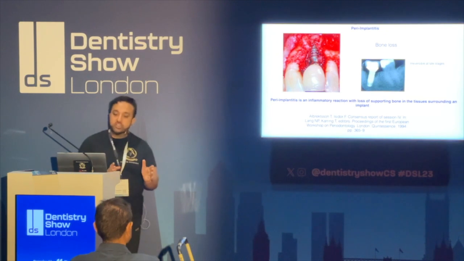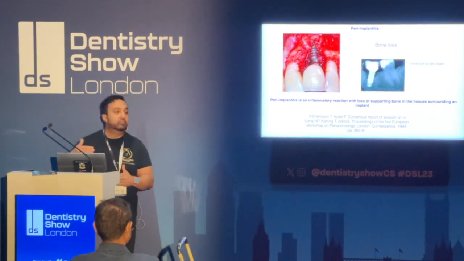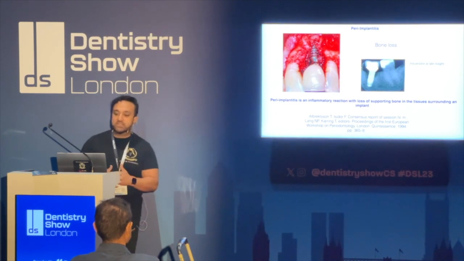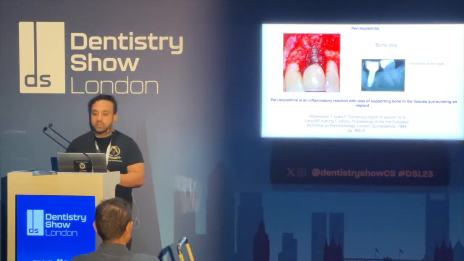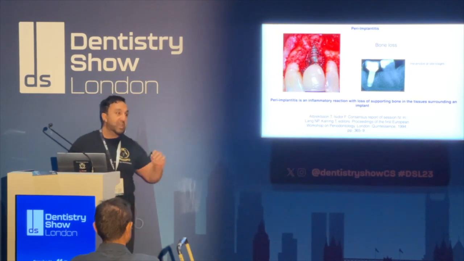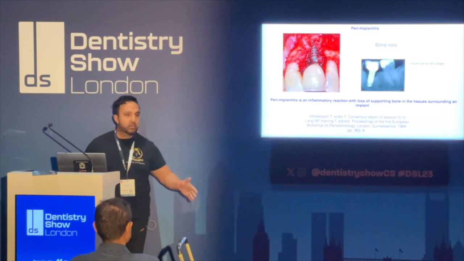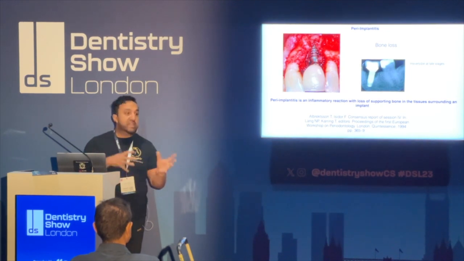Now, there are two approaches to treatment of peri-implantitis, depending on the degree of bone loss. Originally, the consensus report by Albrechtsen in 1994, the proceedings of a workshop in periodontology, covered how to treat this. So if you have 50% bone loss with no aesthetic concerns, and your patient wants you to save the implant, it is possible. But you have to raise the flap.